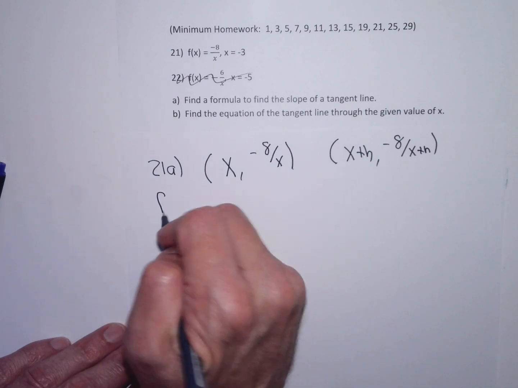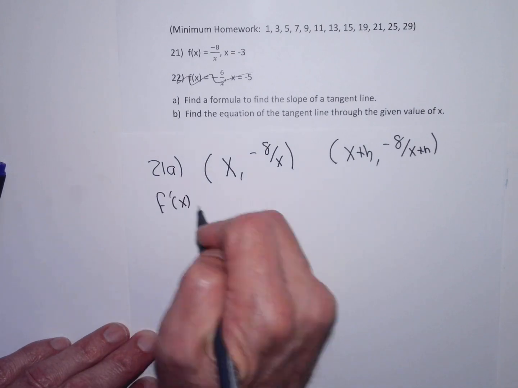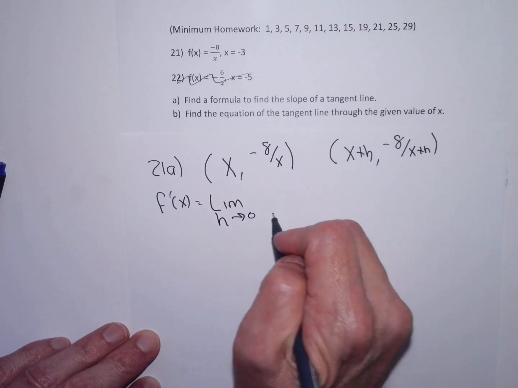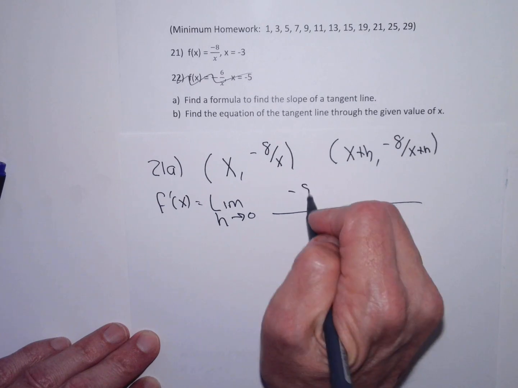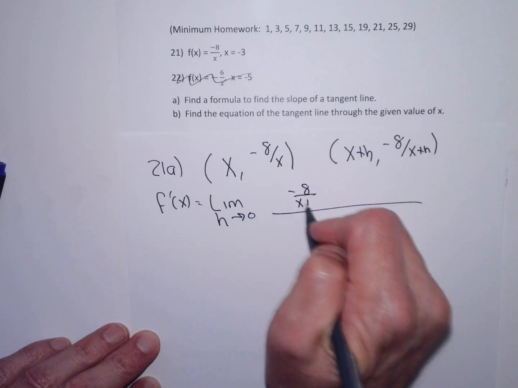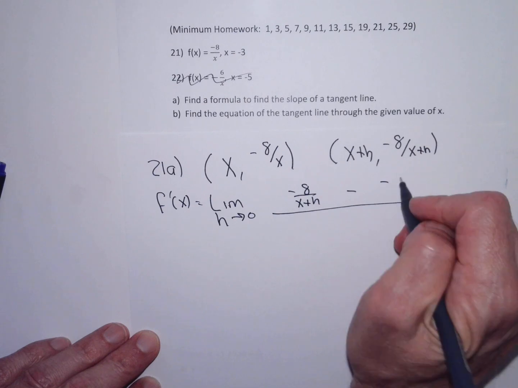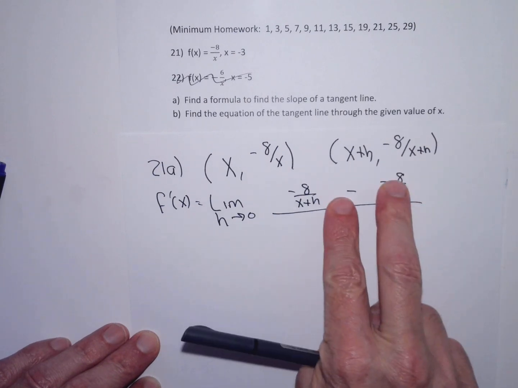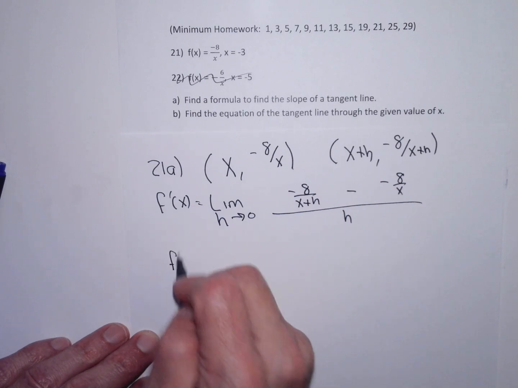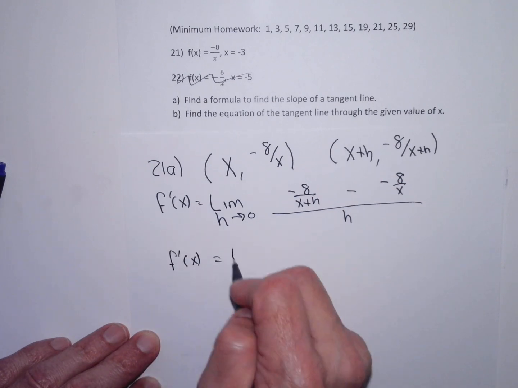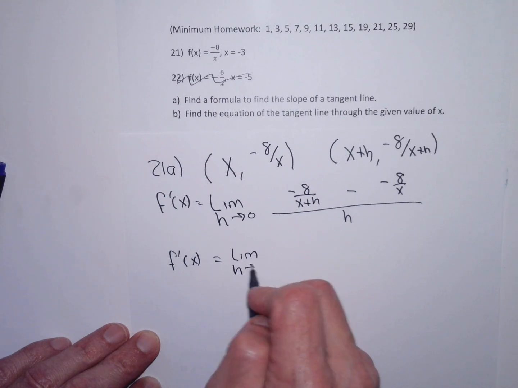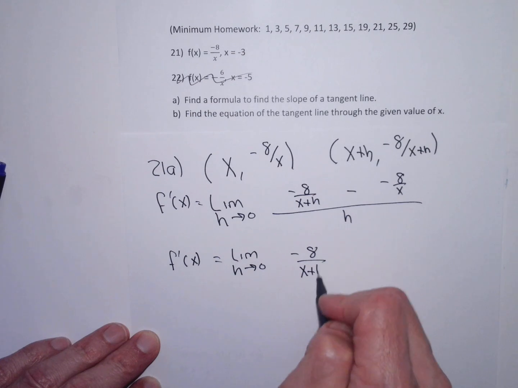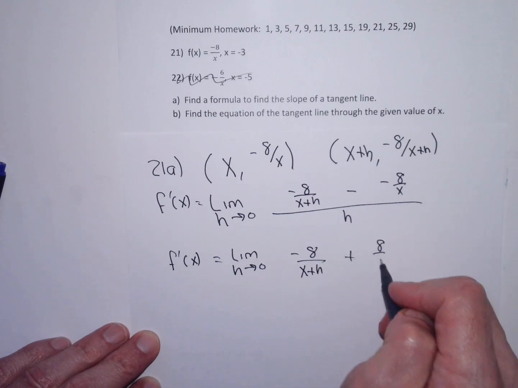Easy to get the 2 points, hard to get the derivative. So the derivative, which is the equation to find the slope of the tangent line, is going to be the limit as h goes to 0. Subtract in the numerator y2 minus y1, and the denominator gets an h. This double negative I can make a plus, just to make sure that I don't mess that up. This is the limit as h goes to 0 of negative 8 over x plus h plus 8 over x.